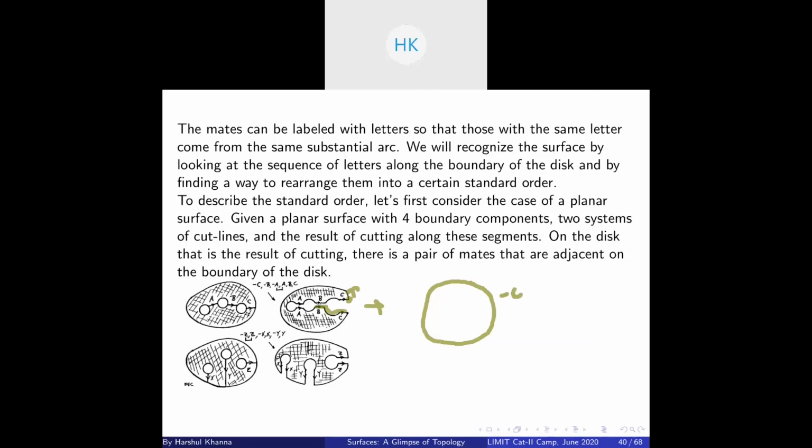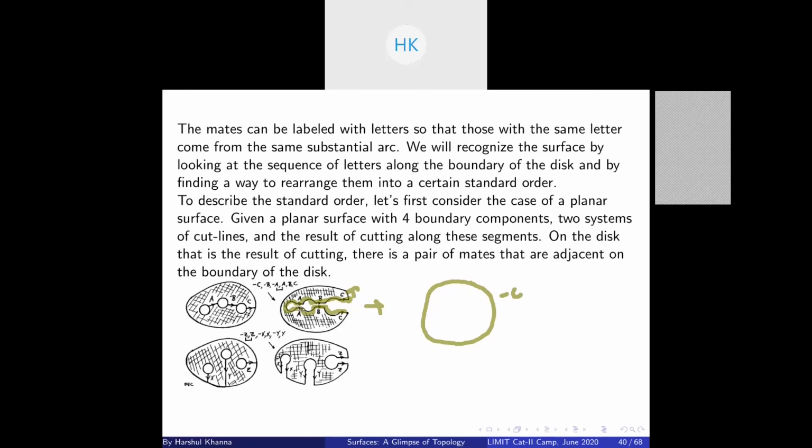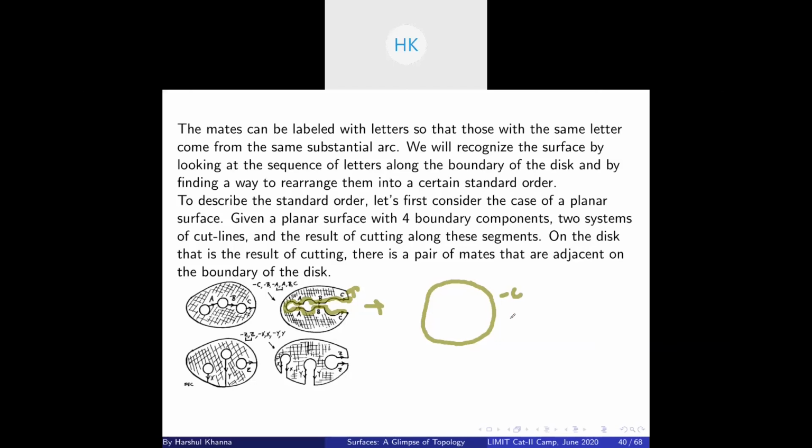Then comes minus B, then comes minus A, then comes B, then comes C. Can you see why? So I'll label them, and we can write it in this form. Do you see why the lettering is C, minus B, minus A, B, C? Just say yes or no in the chat.